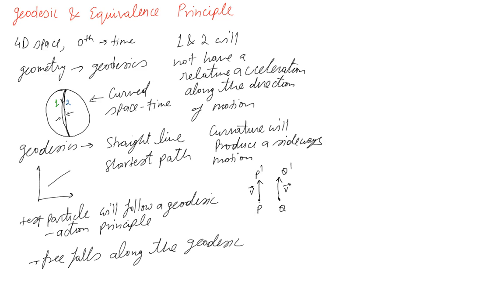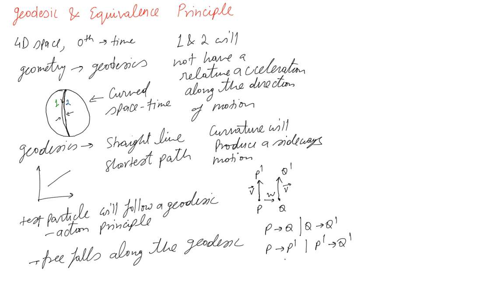So if we move from p to q, and then q to q prime by simply using parallel transport, or if we move from p to p prime and then p prime to q prime, we end up at the same place.